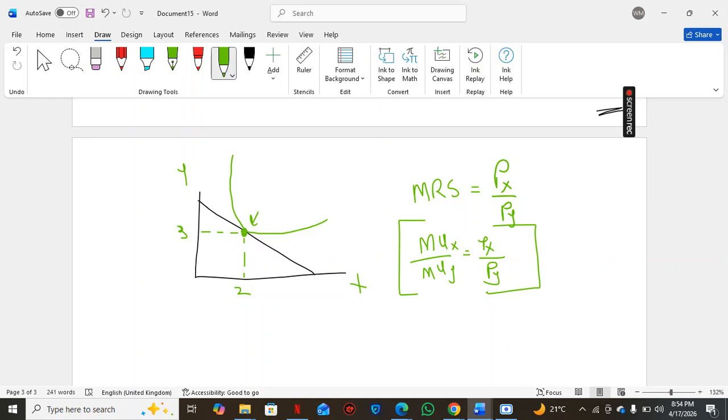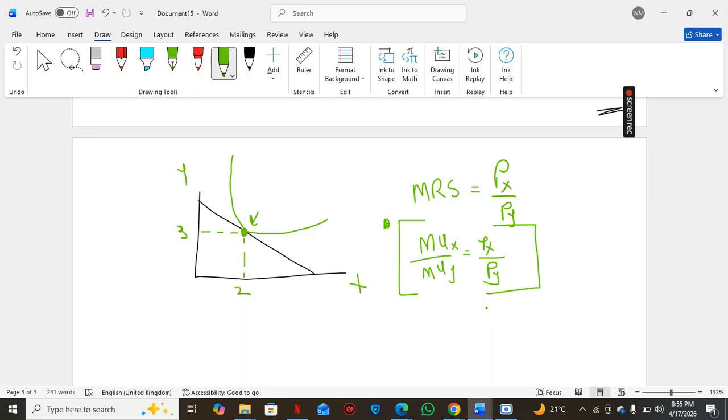So in a question where they ask, what is the combination that will give the most satisfaction? You need to equate these two equations. So this is one formula you need to remember. Okay, it's just that time is up. But when we meet next time, we're going to see how we can calculate this optimal bundle.